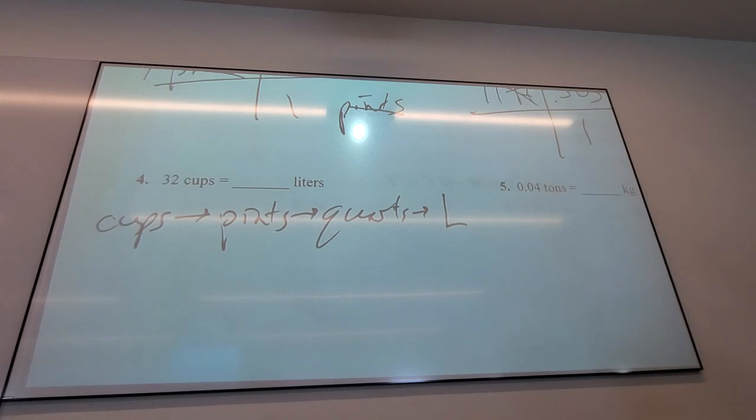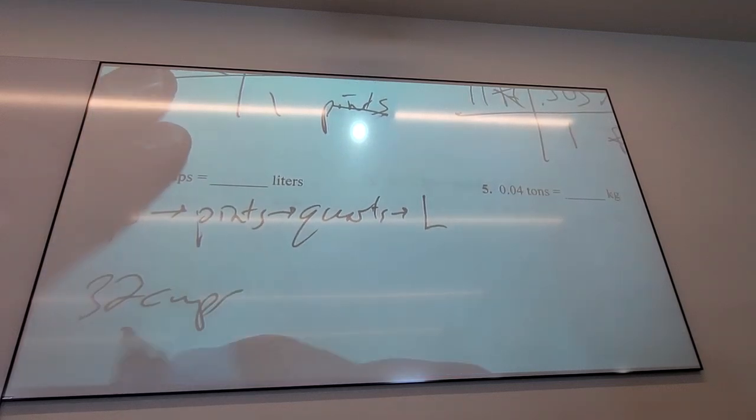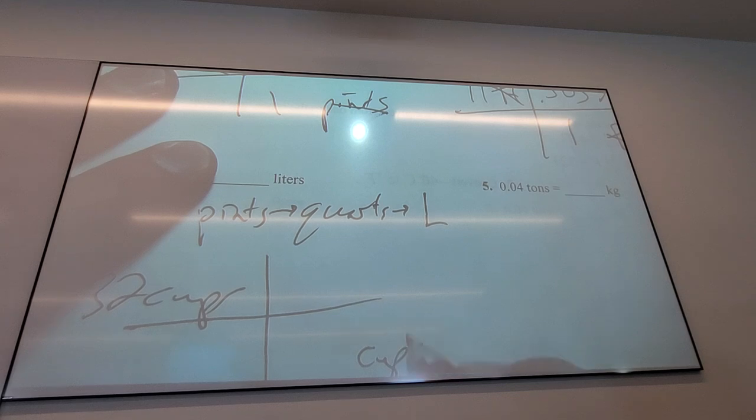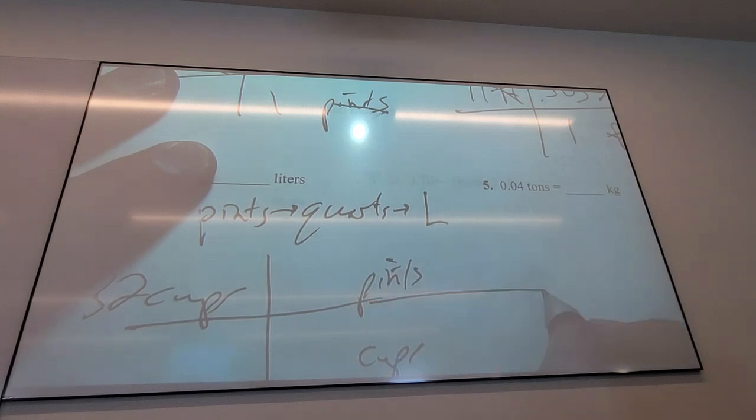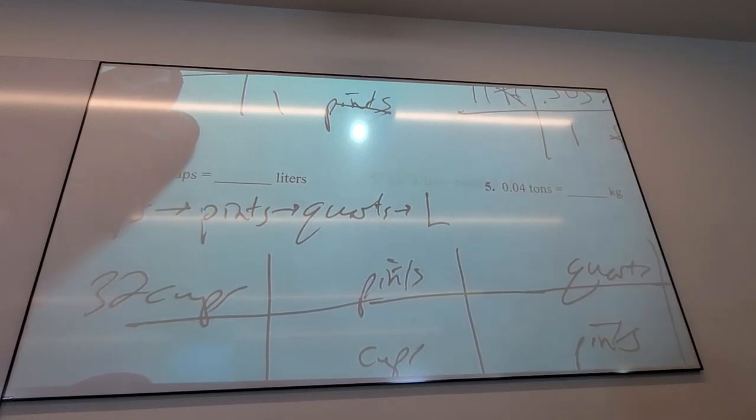So if you write out your path, your grid is very easy to set up. So I'm going to start with cups. Go from cups to pints. Go from pints to quarts. Go from quarts to liters.